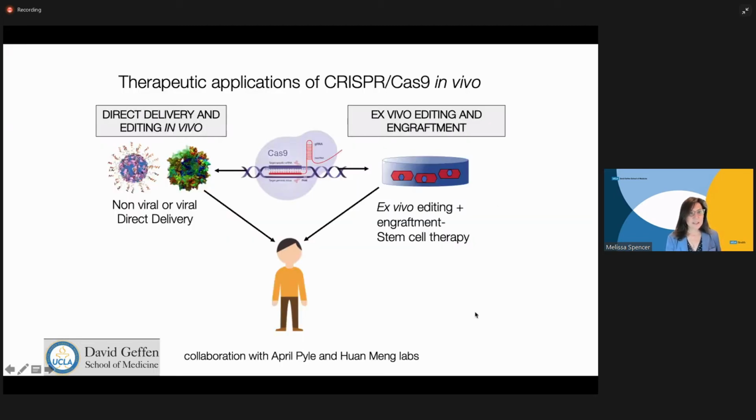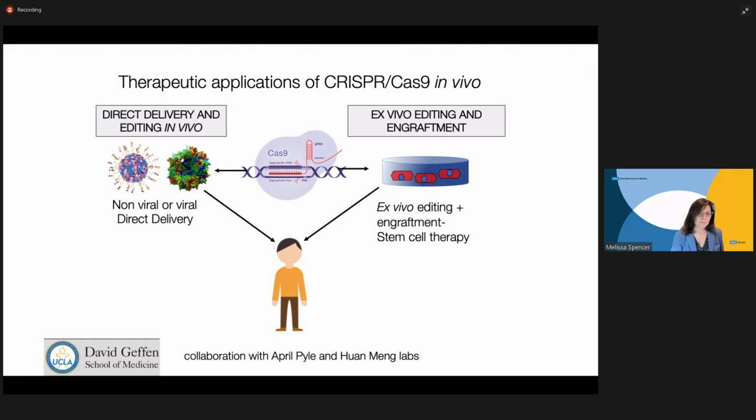And we're attempting to deliver our platform in a variety of ways. I'm not going to talk about most of them today. We're doing ex vivo editing and engraftment, and this is mainly April Pyle who's doing this. We've spent a lot of time developing non-viral nanoparticles of many different types, not just lipid, but also silica and other nanomaterials.